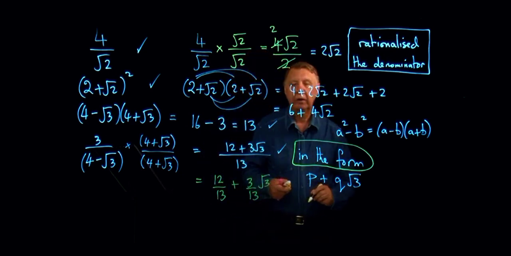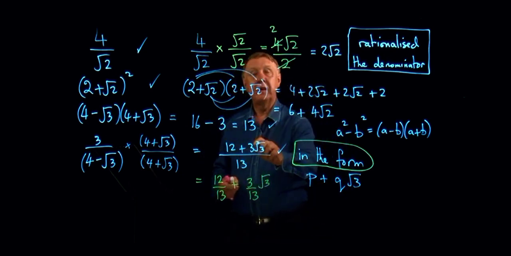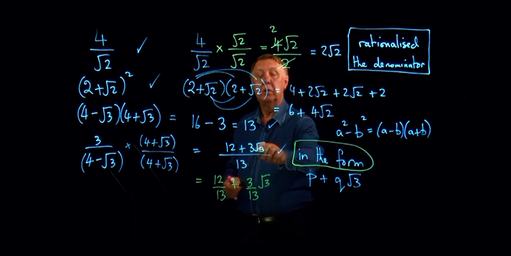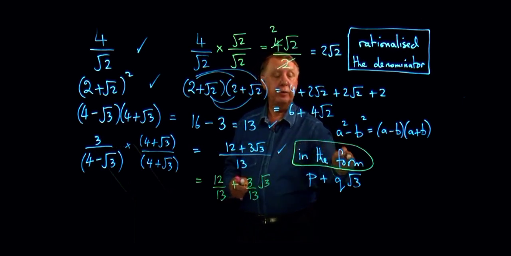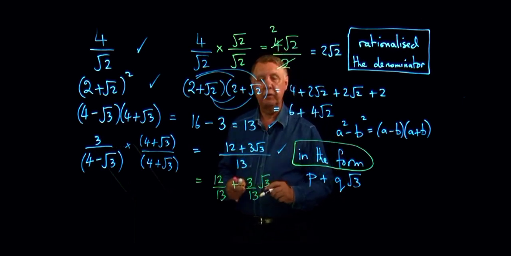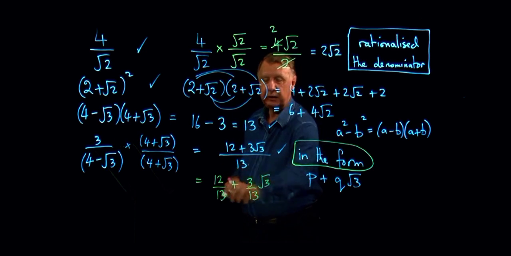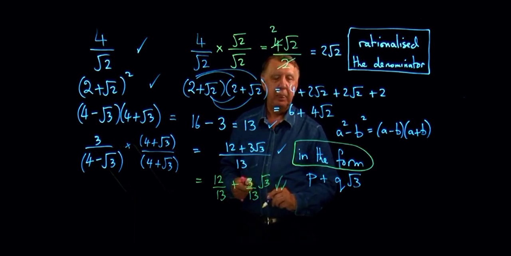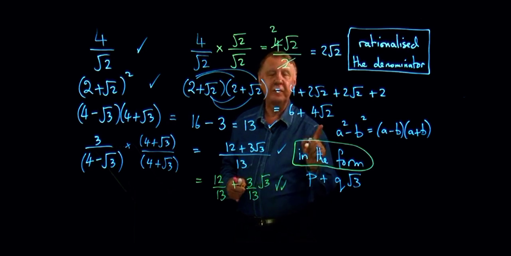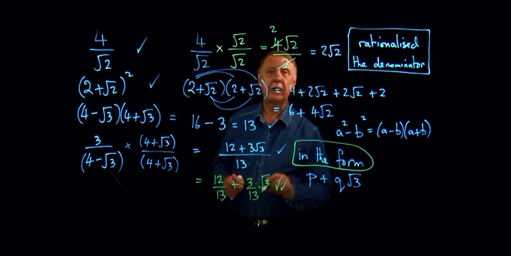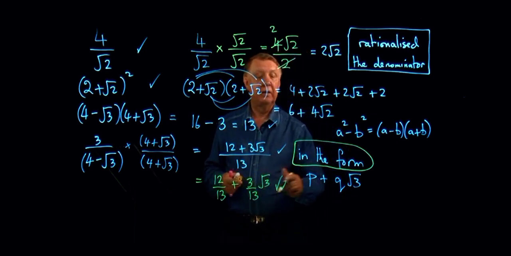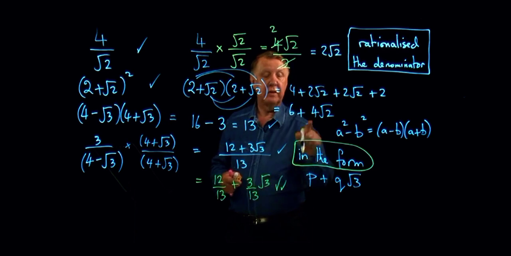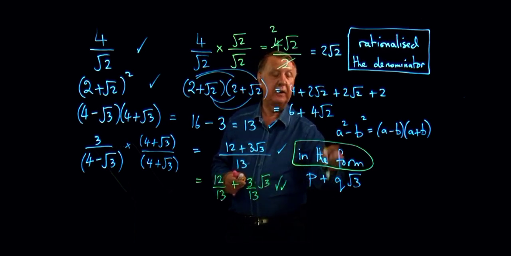And so I've taken my correct answer. Remember, this isn't wrong, but it's not in the form P plus Q root 3. And this, I'll give myself a bonus here. We'll have a couple of extra marks because I've now answered the question properly. So don't forget that phrase, okay? You'll see it over and over again. That's what it means. It's got to look like that.